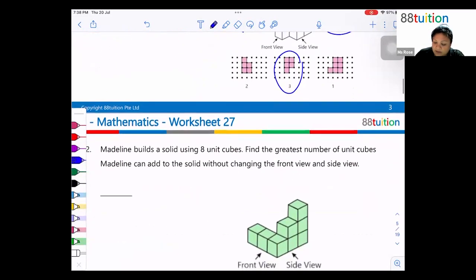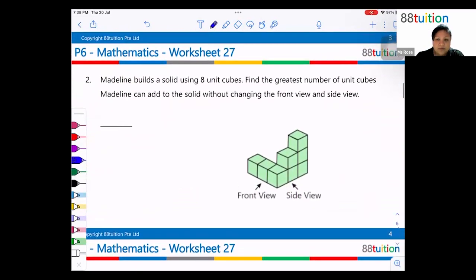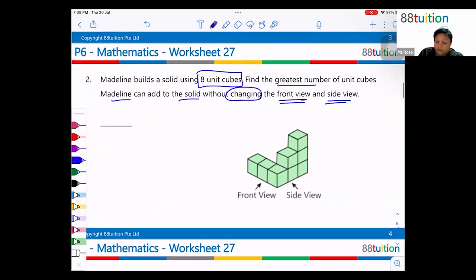Now let's look at question number 2, same thing. Madeline built a solid using 8 unit cubes. Find the greatest number of unit cubes Madeline can add to the solid without changing the front view and the side view. If I look from the front view, it looks like this: 3, 1, and 1.